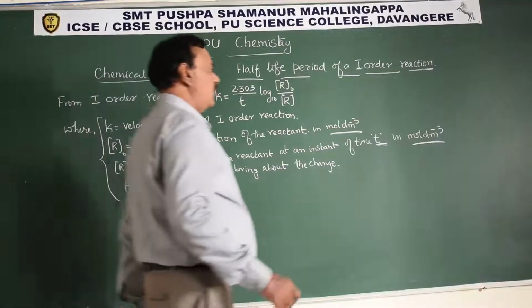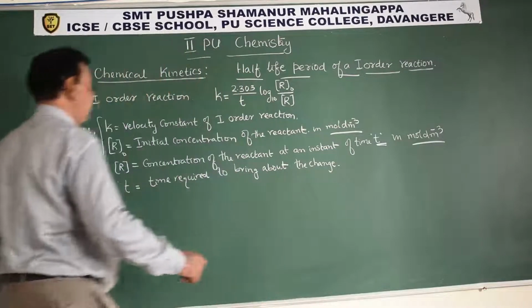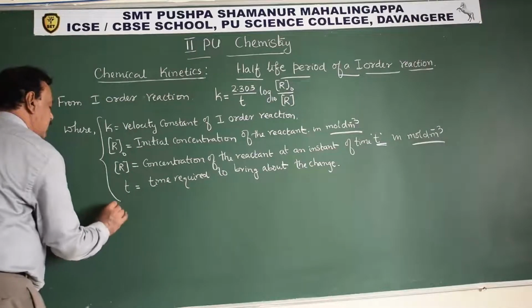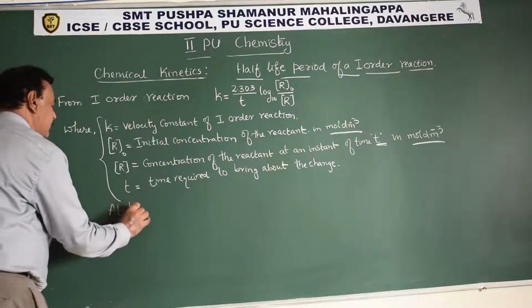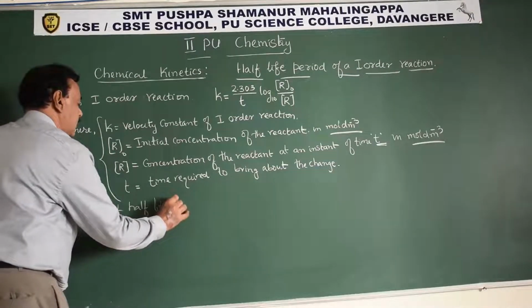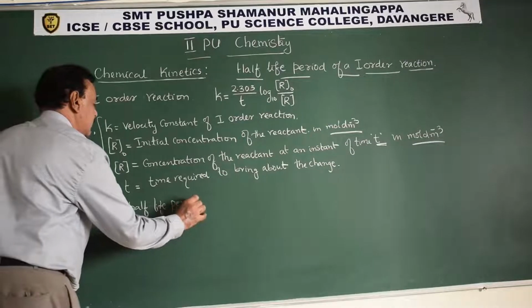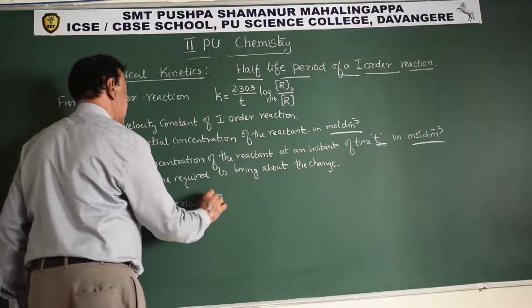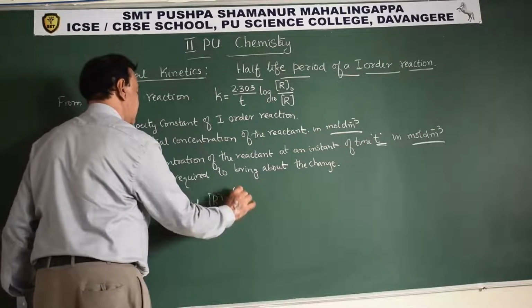Now during the half-life period, or at half-life time, R is equal to R naught by 2.